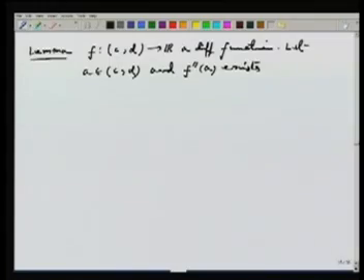So we are saying that f is a differentiable function in (c, d), a is a point in (c, d), and the double derivative of f at a exists. Then the following is true.